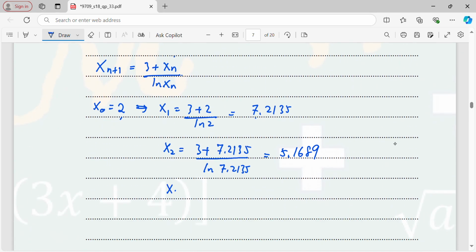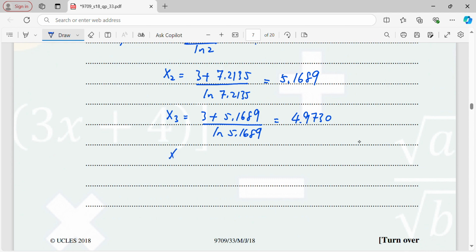So now I need to find x3. That is going to be 3 plus 5.1689 over ln 5.1689, and this is going to be 4.9730.